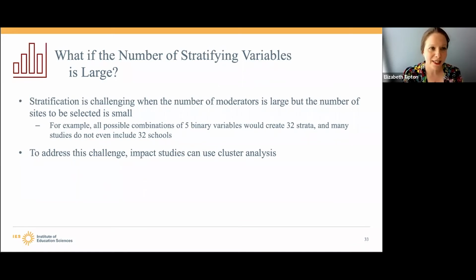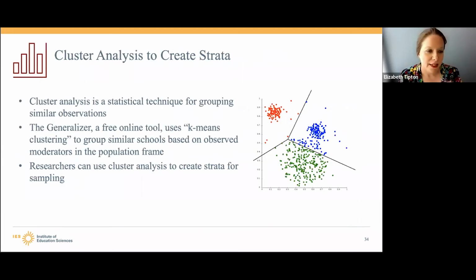So to address this challenge, we need a dimension reduction strategy, a way to take a lot of variables and make them into a small number of strata. And for this, we're going to use cluster analysis methods. Cluster analysis is a set of methods that have been around for quite a while that allow you to group together similar observations.